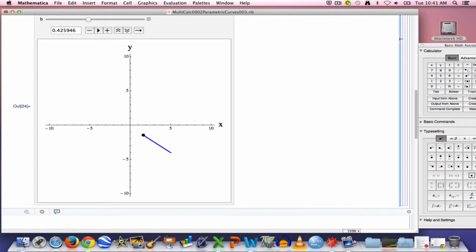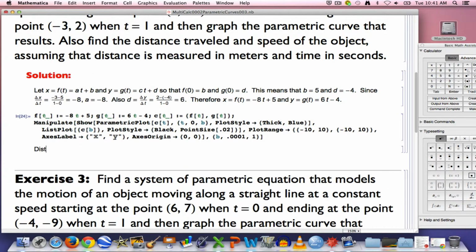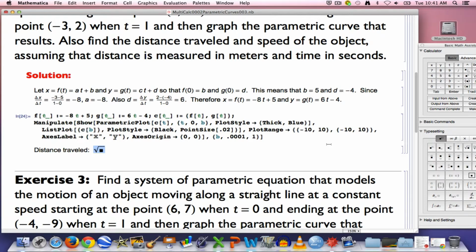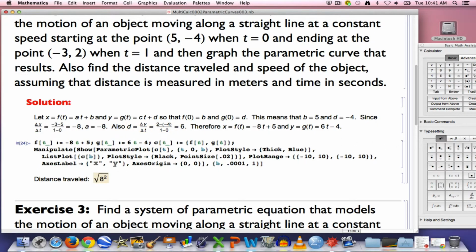What is the speed? What is the distance traveled and the speed? The distance traveled we can get by the Pythagorean theorem. It's going to be the square root of the horizontal distance traveled, which is 8. Comes from the slope there, and we're doing it over 1 second. And the vertical distance traveled is going to be 6. The square root of 8 squared plus 6 squared.